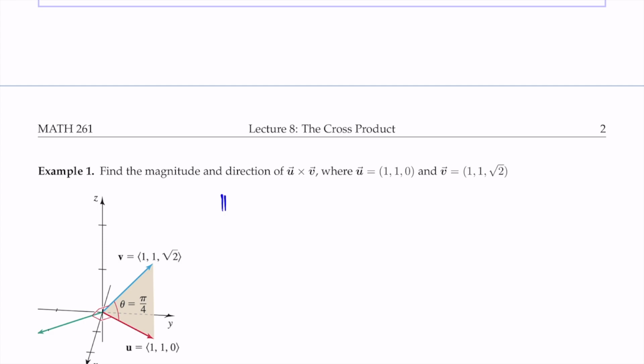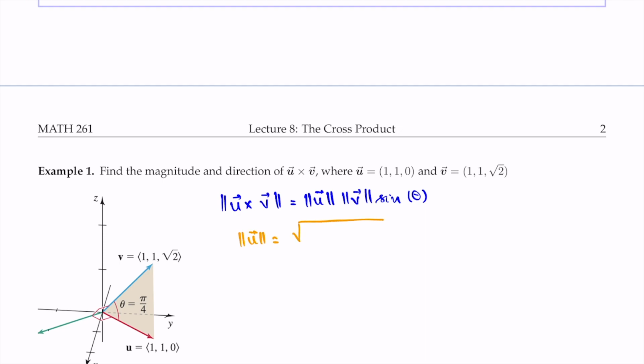So the magnitude of u cross v is equal to the magnitude of u times the magnitude of v times sine of the angle between the two vectors. The magnitude of u is calculated as follows.